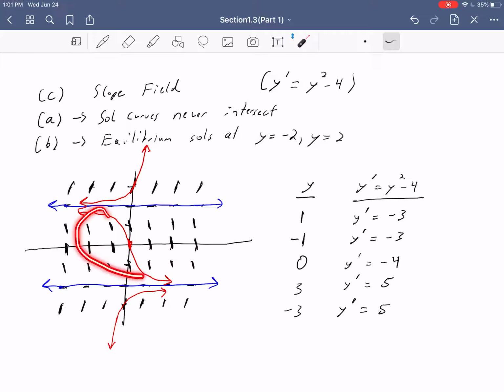This guy right here would be the unique solution to the IVP with 0, 0 as the initial condition because it went through that point 0, 0. This guy would be the unique solution for, I guess, 0, -3. This guy would be the one for 0, 3, and so on and so forth. If we picked an initial condition where y equals 2, say 0, 2, then you'd be following this, and your unique solution would be the equilibrium solution.